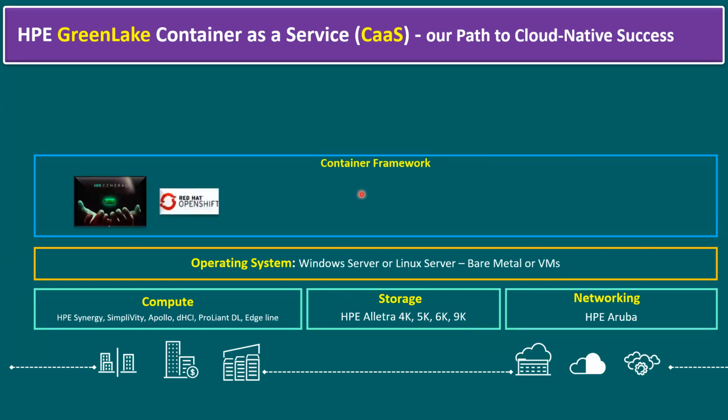Another container framework is Red Hat OpenShift Container Platform. As we're aware, Red Hat OpenShift is available in multiple editions: Red Hat OpenShift Kubernetes Engine, Red Hat OpenShift Container Platform, and Red Hat OpenShift Container Platform Plus. In general, whether your customer is small, medium, or large, most large enterprises prefer to choose OpenShift Container Platform Plus.